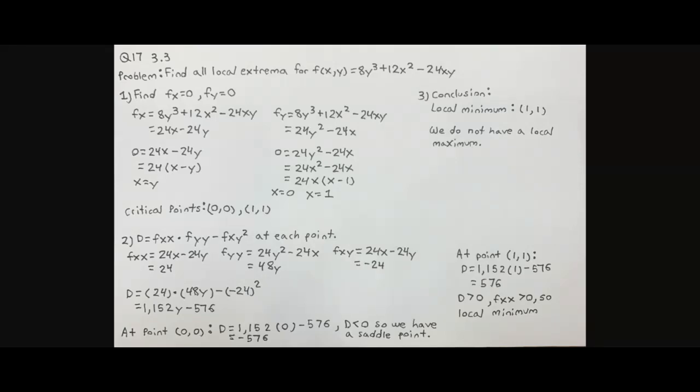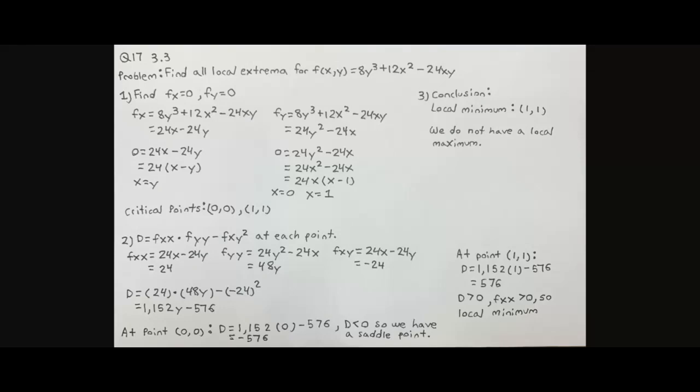And then when I take the partial derivative with respect to x again, 24x is just 24, and then y is a constant here, so it's 0. For fy, I get 24y squared minus 24x. 24y squared is 48y when we take the partial derivative with respect to y. Negative 24x is just 0 here. For fxy, I get 24x minus 24y. The partial derivative with respect to y of this is just negative 24.